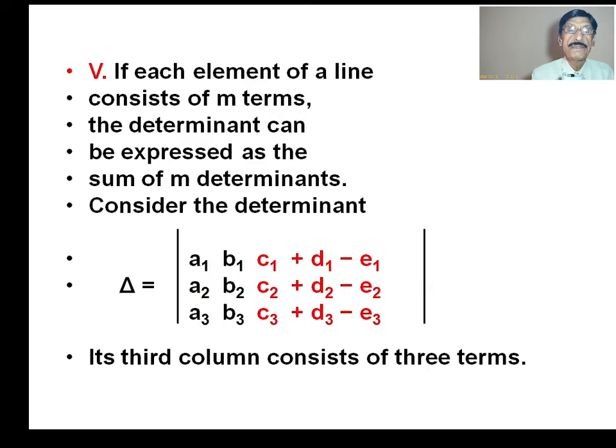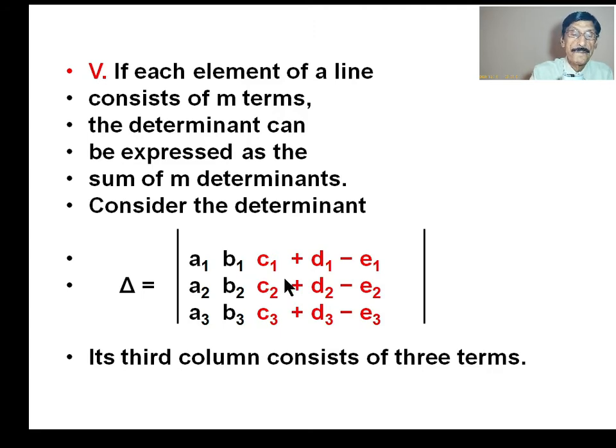Fifth property. If each element of a line consists of m terms, the determinant can be expressed as the sum of m determinants. Consider the determinant. Here, the first and second columns are as before, and the third column consists of three terms, C1, D1 and E1, as has been shown in red.